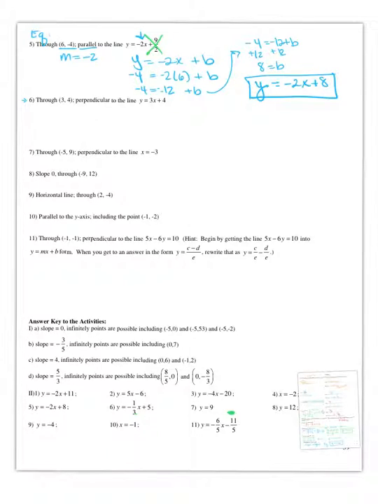The next one asks us to find an equation through this point 3, 4 that's perpendicular to the line they're giving us. A perpendicular line will have the opposite reciprocal for our slope.